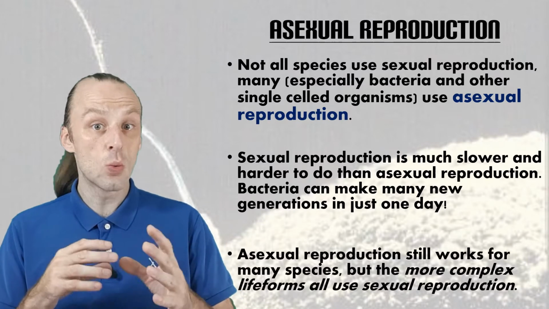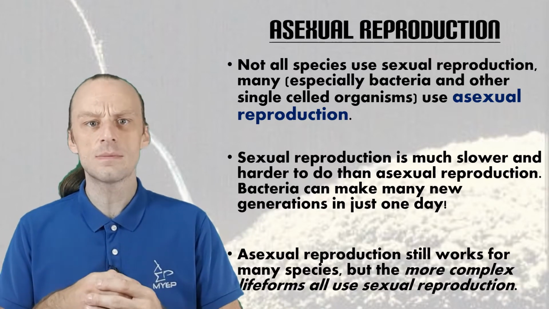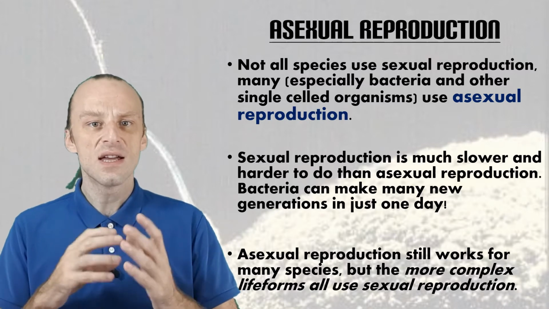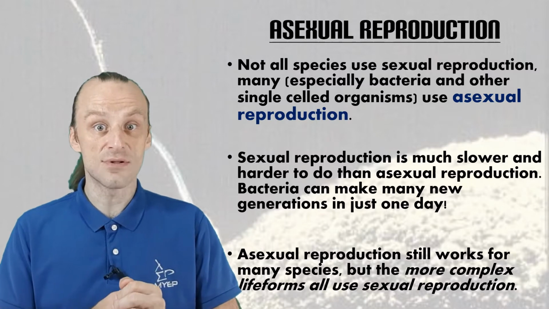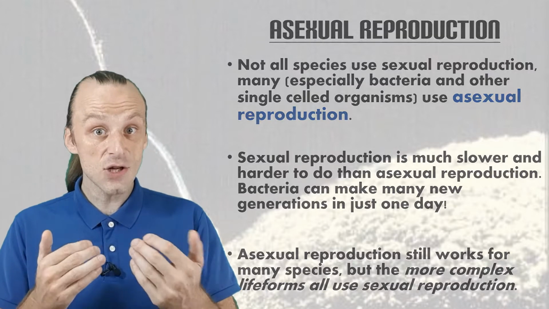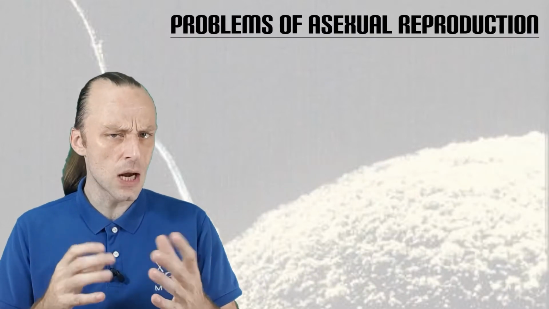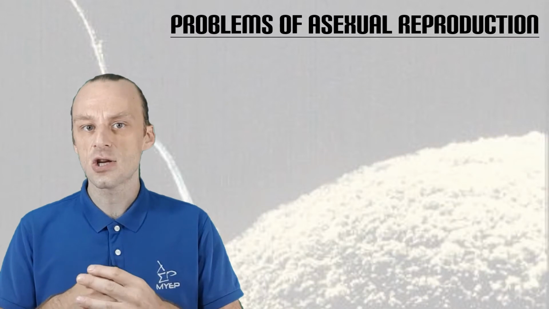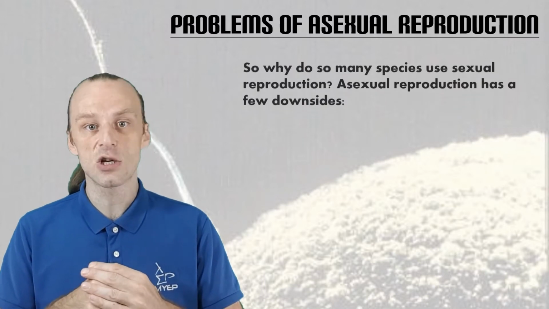Asexual reproduction works well for many simpler species, but most of the more complex species on Earth now use sexual reproduction instead. But why? If sexual reproduction is so much slower and harder than asexual reproduction, why did so many species switch over to it?